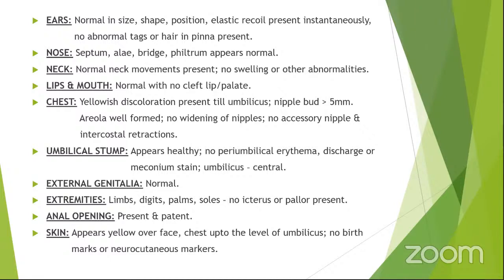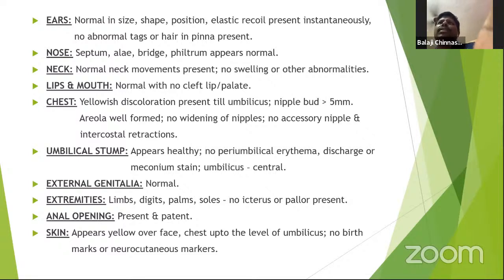Yes, sir. But I think more than that, among the neurological criteria is the scarf sign, where the elbow cannot be crossed beyond the midline in term babies, but in preterm you can cross beyond the midline. So the scarf sign is very important. Then heel to ear, you can easily touch the ear.